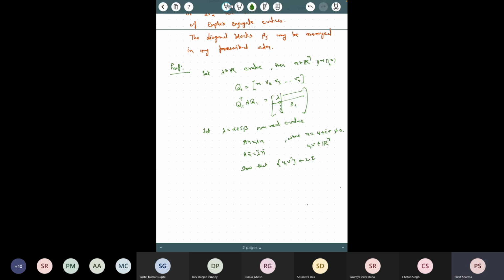Once you have two linearly independent vectors here, you apply Gram-Schmidt on these two, and you will get w and z, which is a real orthogonal set.